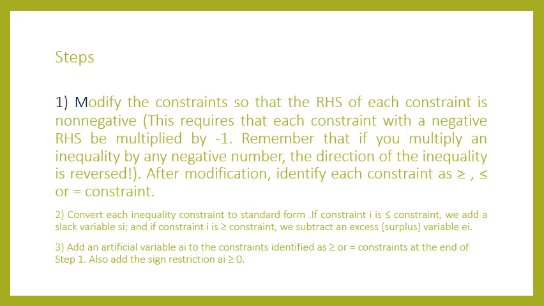Let's check the steps of applying the Big M method. Modify the constraints so that the right hand side of each constraint is non-negative. This requires that each constraint with a negative RHS be multiplied by negative 1.